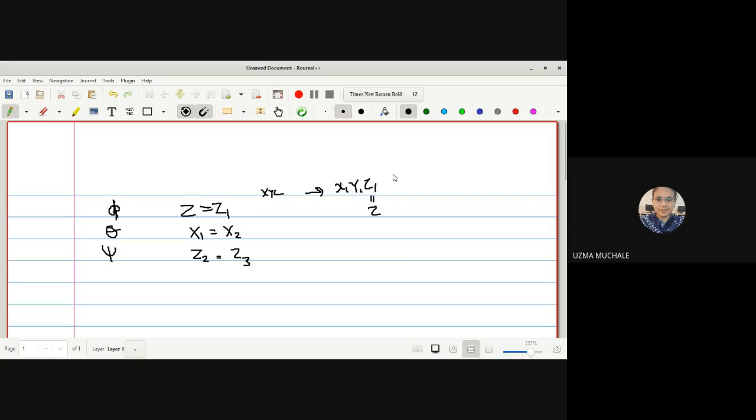That means fixing the z-axis we have performed a rotation. Then it is x2 y2 z2, considering that we have fixed x2, that is x2 is equal to x1. Next, we changed it to x3, y3, z3, that is nothing but your x dash, y dash, z dash. Finally, we have found the transformation from xyz to x dash, y dash, z dash.